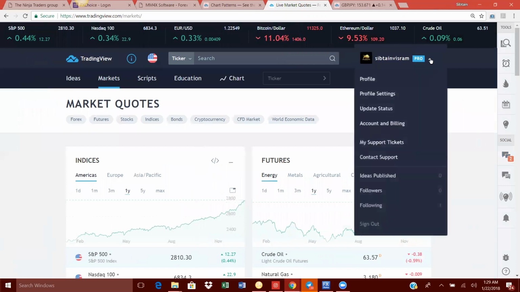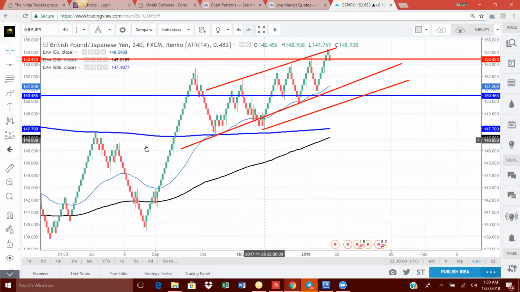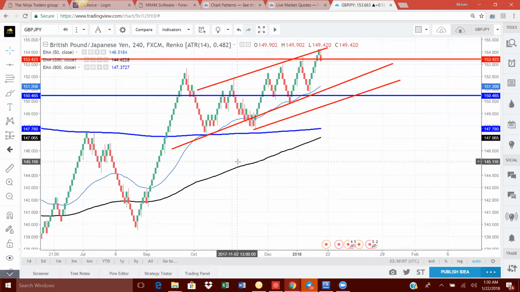Because I just purchased the pro version, I get Renko charts on the 4 hour, 1 minute, 15 minutes. Every time frame I got a Renko chart, so I can go with the Renko chart and do well, because the Renko chart shows you big supports and big resistance, right?